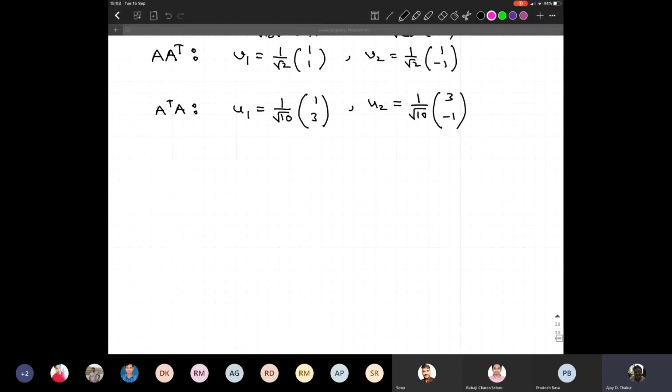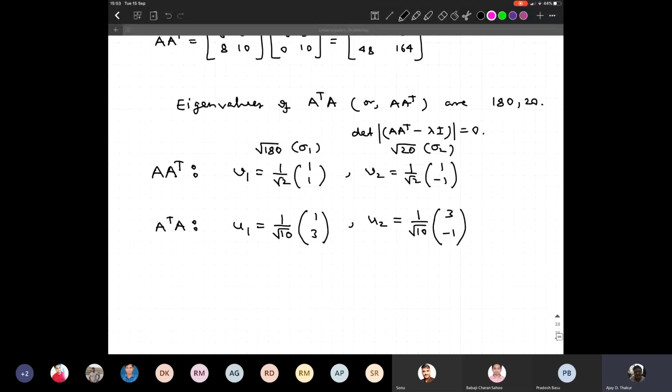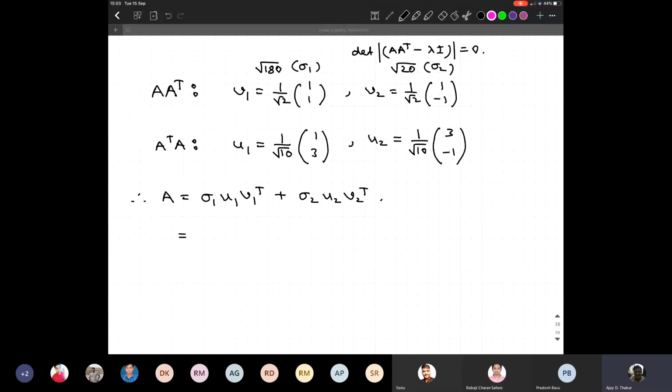So now with this, you have to simply write this matrix. Therefore, we can do the singular value decomposition, which would be sigma 1 u1 v1 transpose, which we wrote, plus sigma 2 u2 v2 transpose. That is the expansion. So we have root over 180 times U1 and V1 transpose.